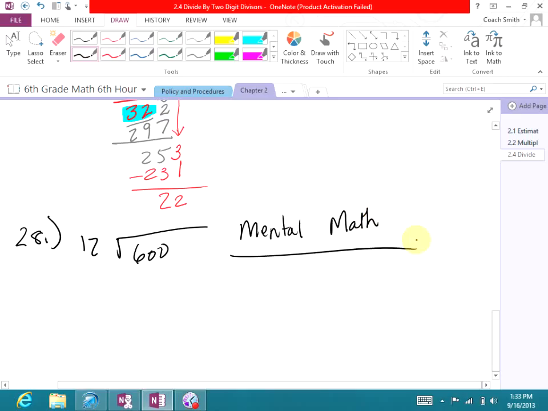Okay, so that's sort of what we were doing a while ago. 12 goes into 60 how many times? We know 5 times what? Whoops, I just gave you the answer. We know that 12 times what equals 60? 5. So I know 5, but I got another 0, so it's just 50 times.